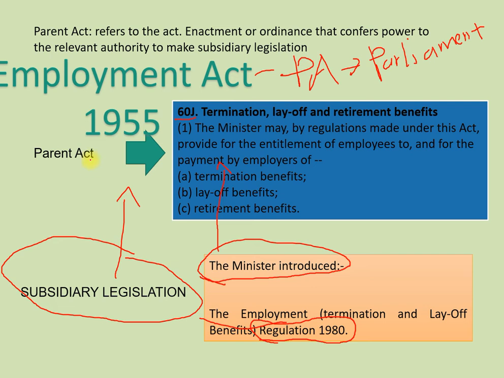When the Parent Act gives the power to a certain authority like the minister to make law, as stated under Section 60J, the minister can enact a regulation on termination benefit, layoff benefit and retirement benefit.